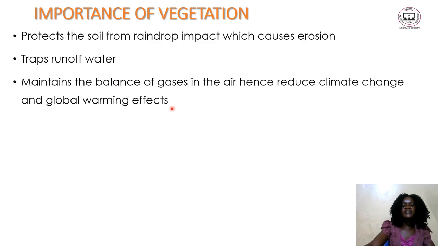So, since this vegetation will be absorbing carbon dioxide and releasing oxygen, which is a very important gas, that's why I was saying that it maintains the balance of gases in the air, hence reducing climate change and global warming.